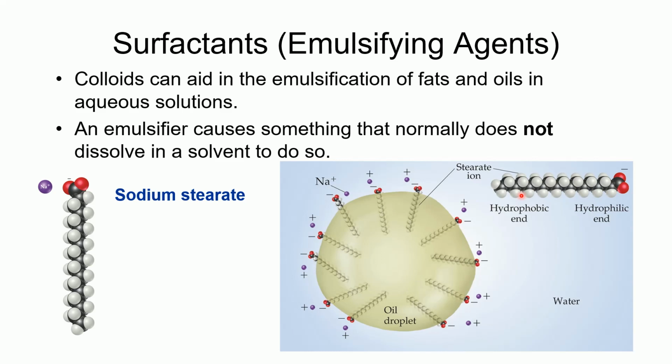Now, of course, the reason why soap is so effective at disinfecting, and that's a big deal right now, is that those long tails will disrupt the fatty layer that's on the outside of either a virus or a bacteria, and disrupt the proteins in those particles.